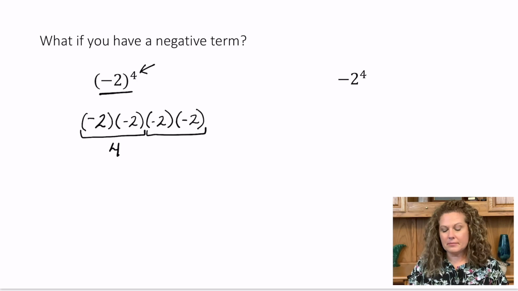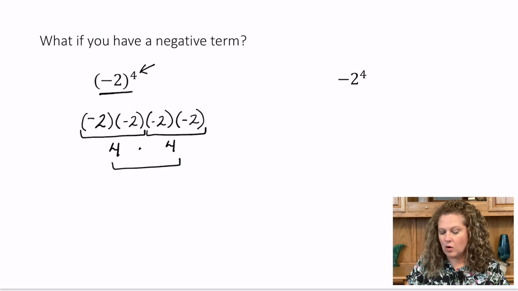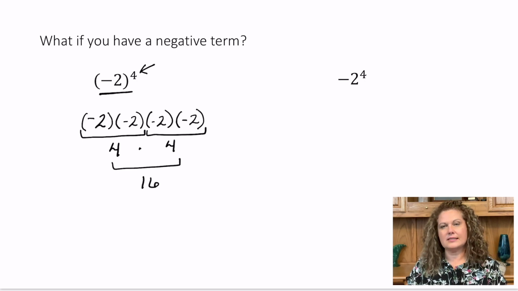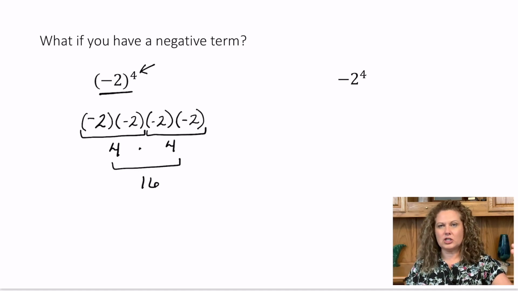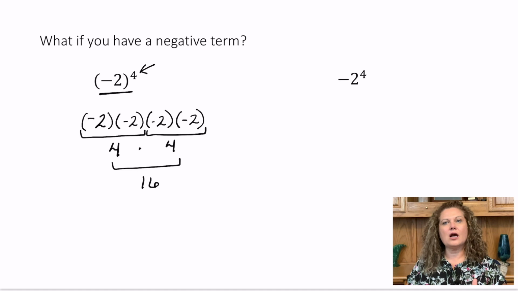Again, they're the same, so I know that is also 4. And then I can just multiply 4 times 4, and that's going to be 16. So notice, in my original expression, I have a negative. But because I have an even number of negatives, my answer or my product is going to be a positive.